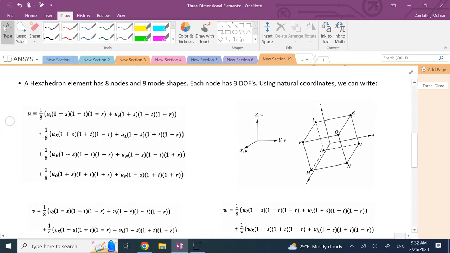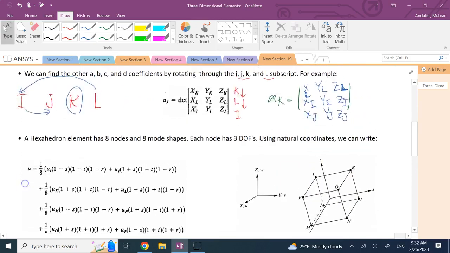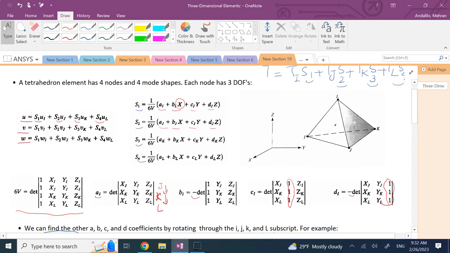Now, if you have a hexahedron, the cubic element, it has 8 nodes, of course the linear one. Here we are talking about a linear one, so let me add that for you. So this is a linear tetrahedron. We also have a quadratic tetrahedron, where you have one node in the middle of each one of the edges. That one has 10 nodes.